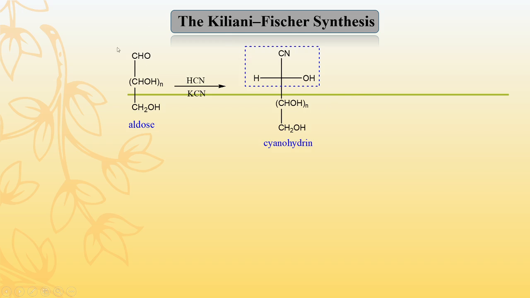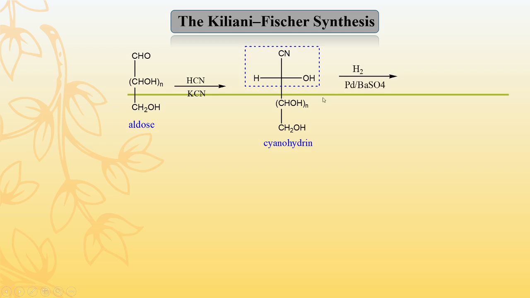After the formation of the cyanohydrin, here the aldehyde group, that means the carbonyl group, is a planar structure, therefore it gives 2 products, that is 2 molecules of cyanohydrin. It can be attacked from both sides, therefore it gives 2 products.